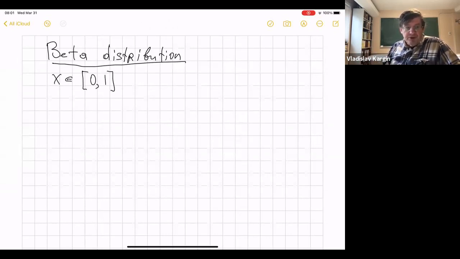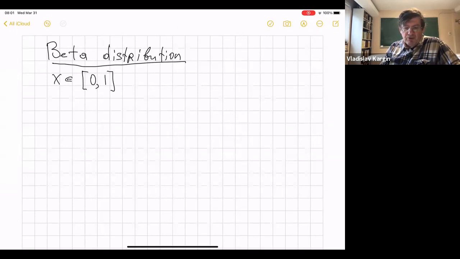Sometimes, for example, it's used to model probability itself, so in Bayesian analysis. So this is a random variable x with beta distribution belongs to 0 and 1.